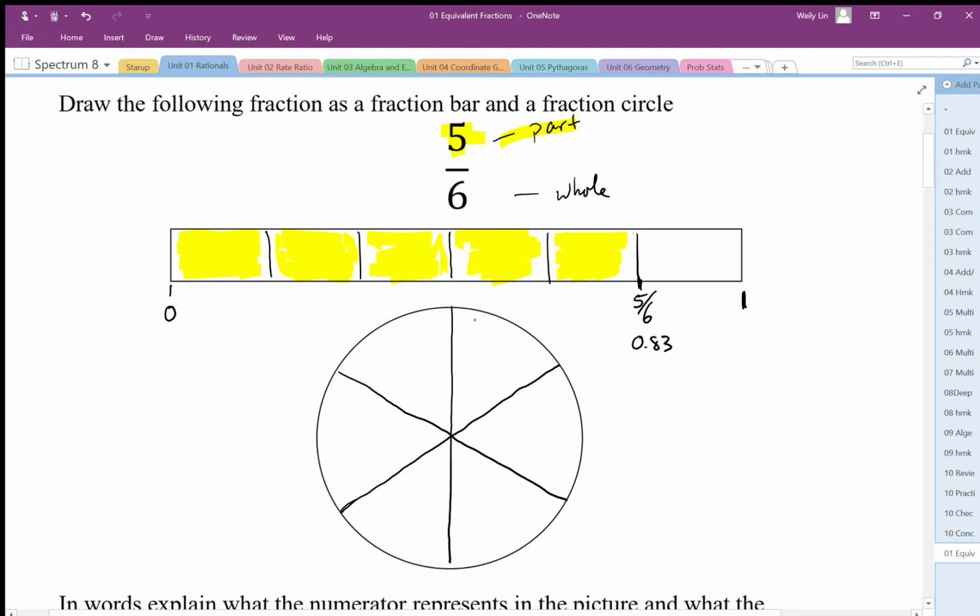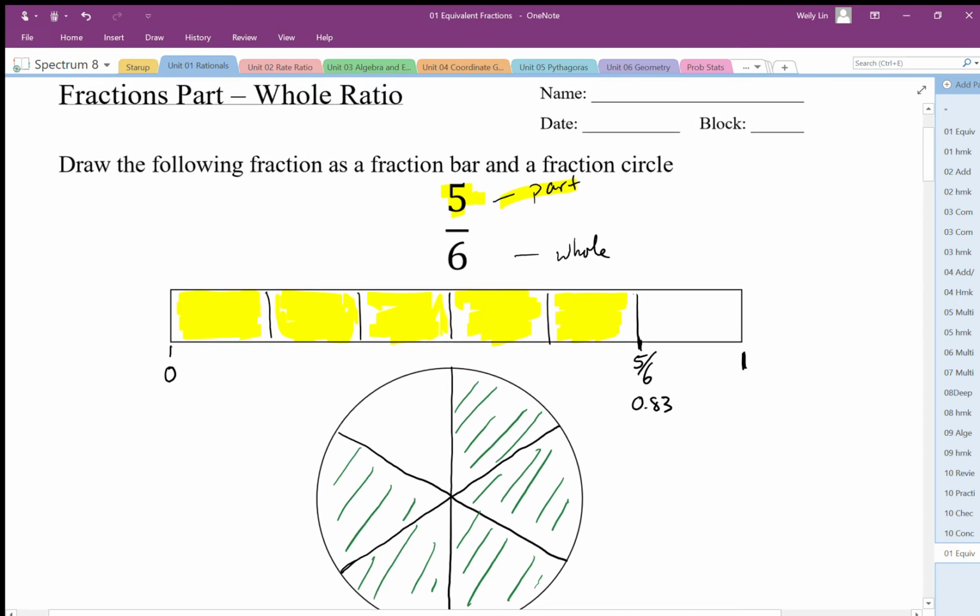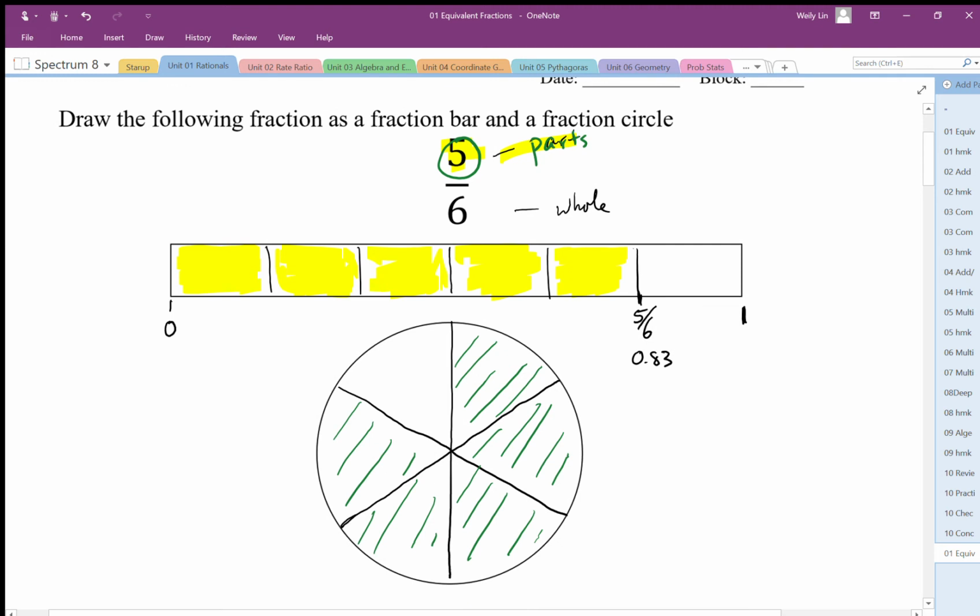I'm going to have 1 part, 2 parts, 3 parts, 4 parts, 5 parts. That represents my 5 parts, and the whole circle represents 6 parts whole.